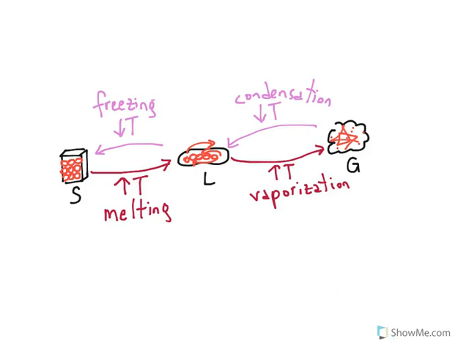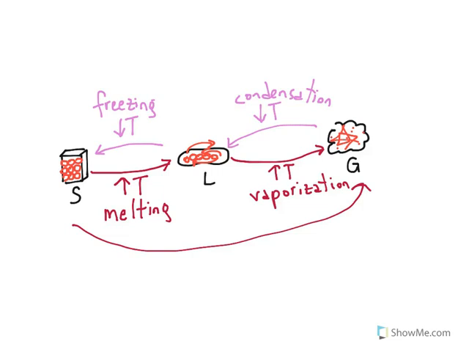Now there's two more transitions that we're going to talk about. Going from solid to gas. It's possible for a solid to not turn into liquid, to go straight into a gas phase. So what do you call that?